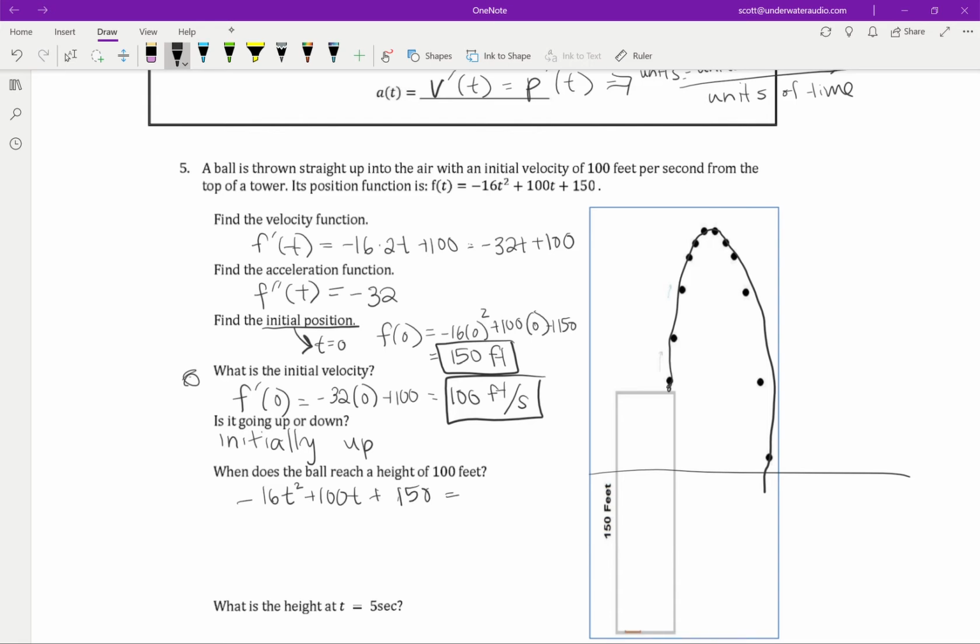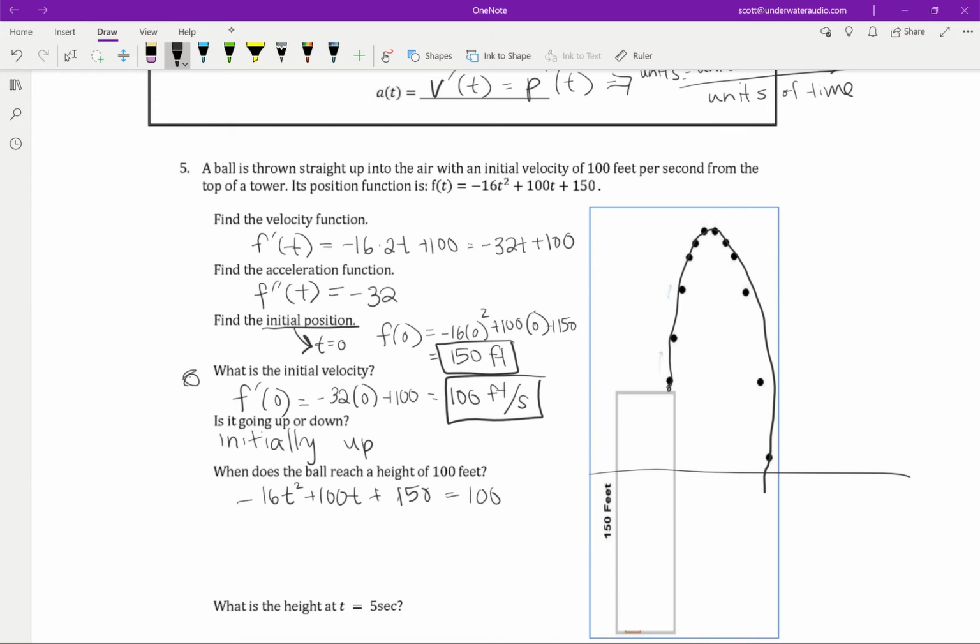And I'm setting that equal to 100. So just to explain why I'm setting it equal to 100, I want to know when the ball reaches a height of 100 feet. So it says height of 100 feet. That's like saying when the height equation equals 100. And then if I solve that, I get a t, so that tells me when that happens.